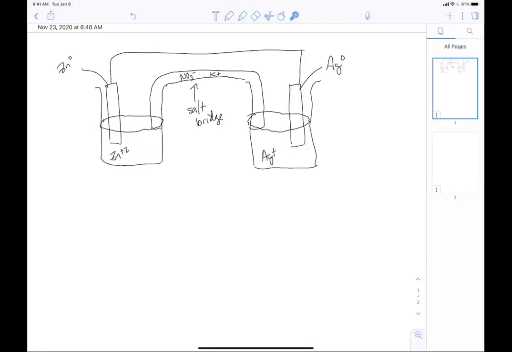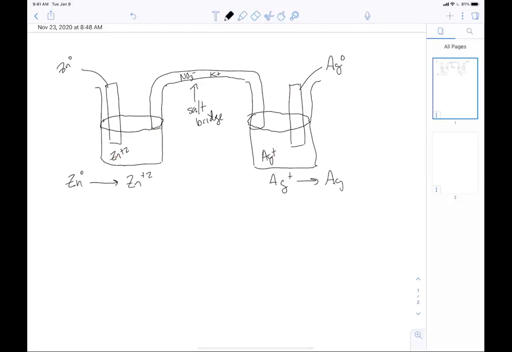What I really have here, if I remove the wire, is two half cells, like the half reactions we've been dividing things into when balancing our redox equations. We know that zinc can be oxidized to zinc plus 2, and we also know that silver plus can be reduced to silver 0.